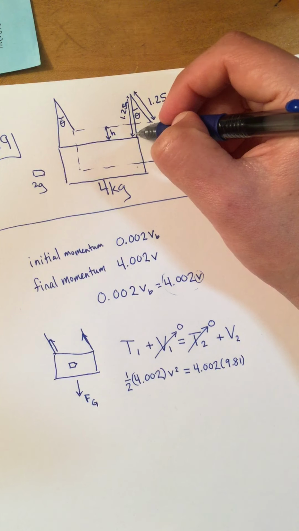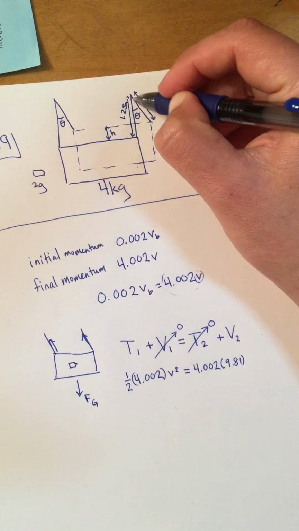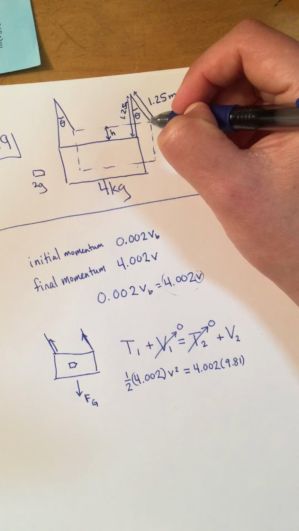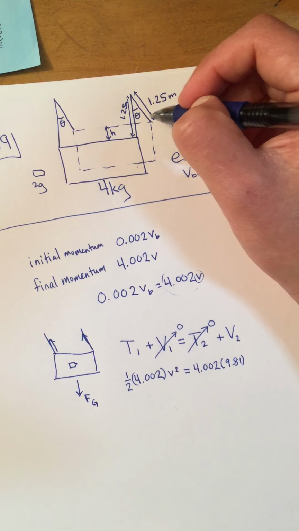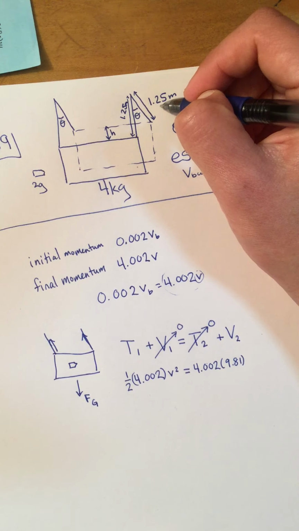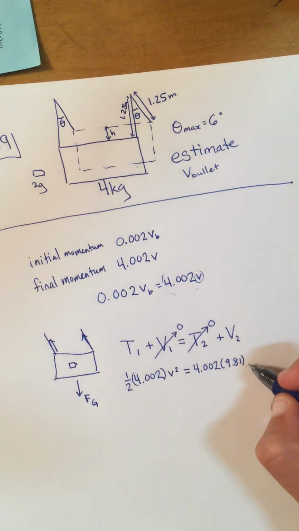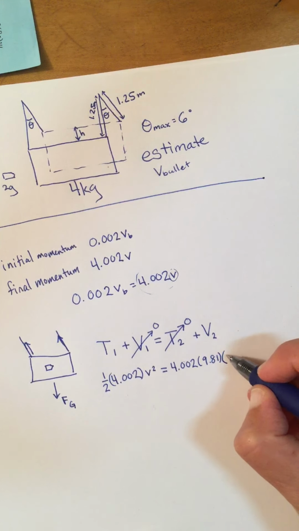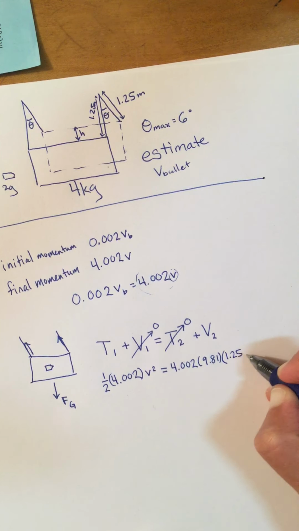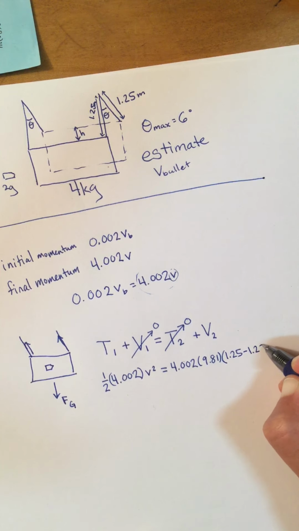That would be 1.25 minus the vertical component of what I have here, which would be the cosine component of 1.25. So this height is equal to 1.25 meters minus 1.25 times cosine of 6 degrees.